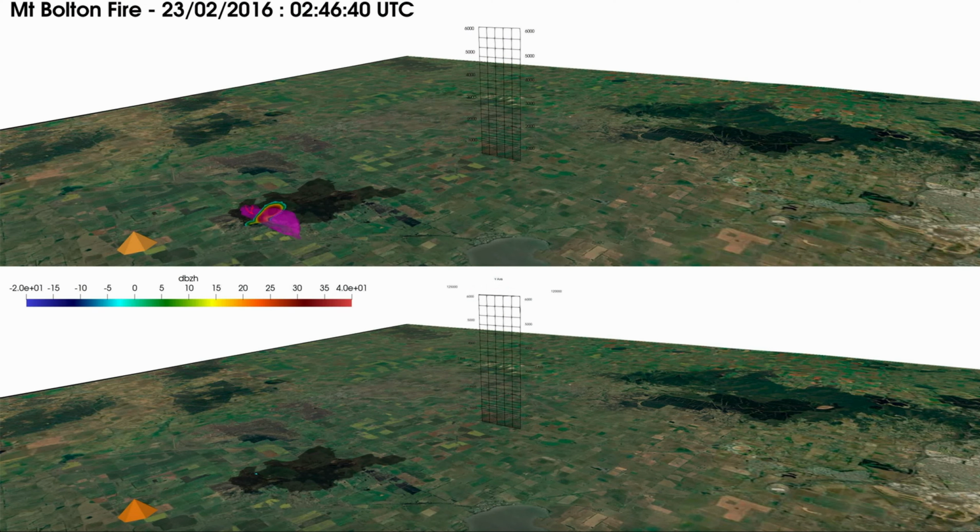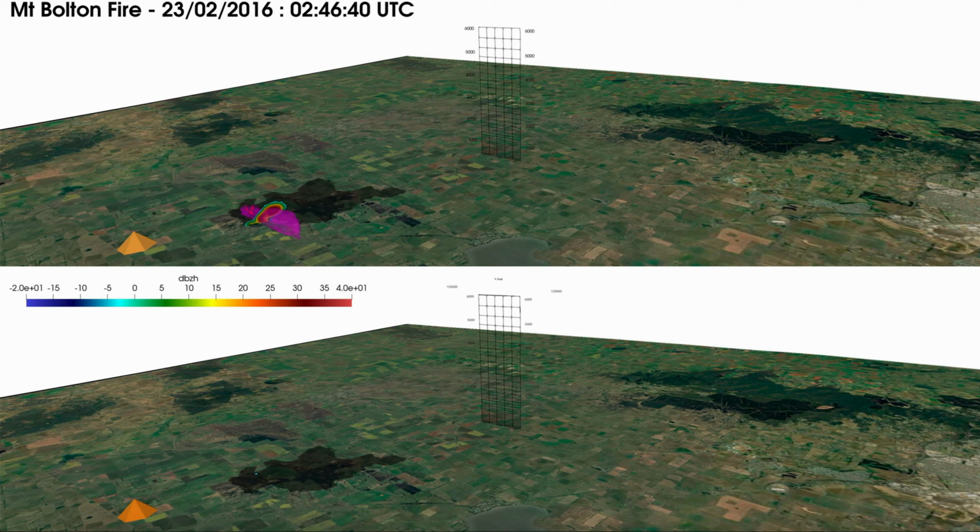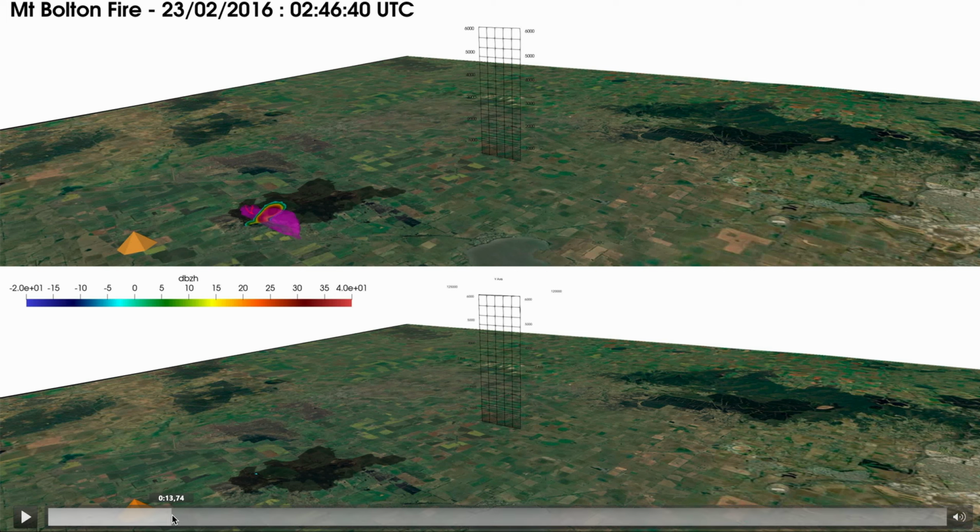Now what we're going to show is the spot concentration in a slice that follows the measurements from a portable radar that was deployed to the field and was measuring the plume properties. In pink is the actual spot concentration, in a 3D manner. I will just move the video a little bit because we still don't have any radar data.